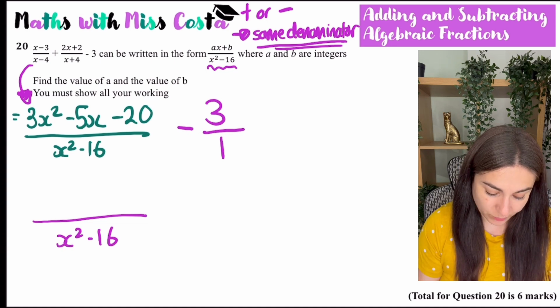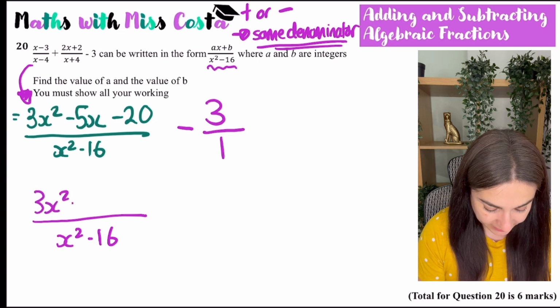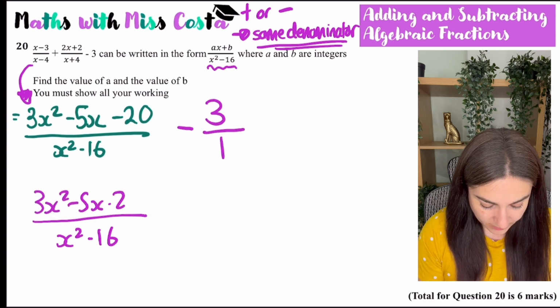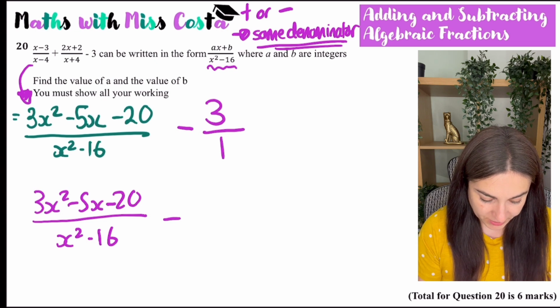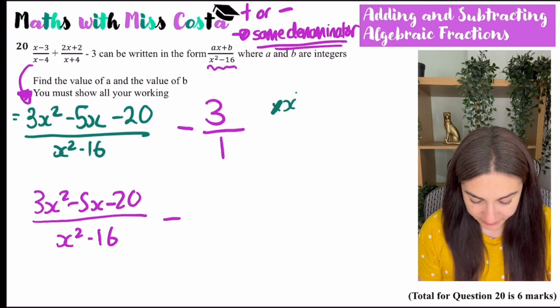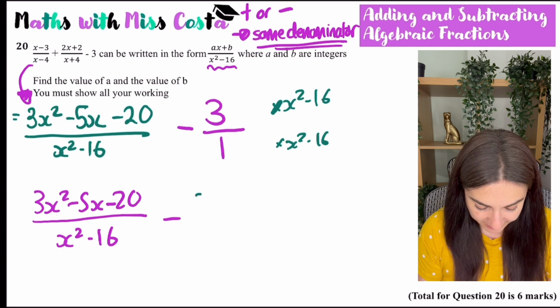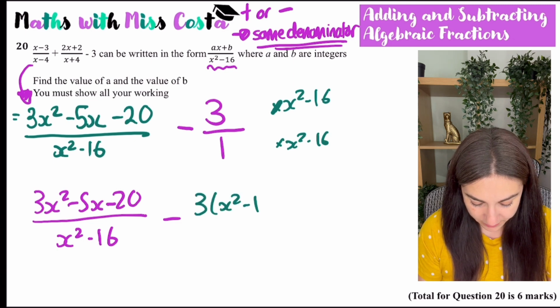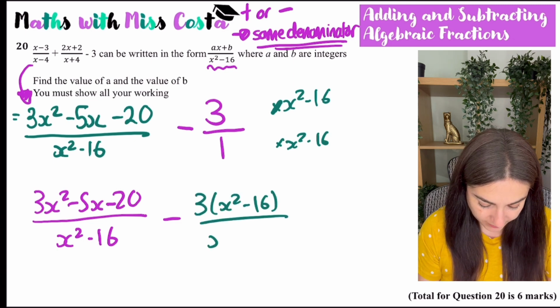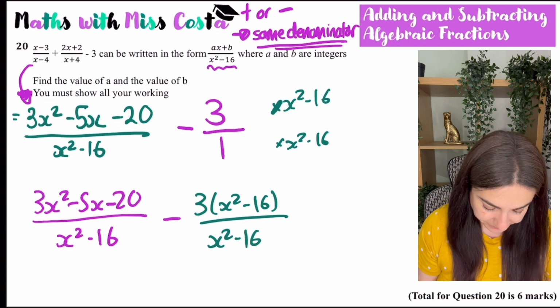So because this is 1, and when I multiply anything by 1, it stays the same, this fraction is going to stay the same, because all I need to do is multiply this fraction by x squared minus 16 so that they have the same denominator. So this would become 3 brackets x squared minus 16 over x squared minus 16.